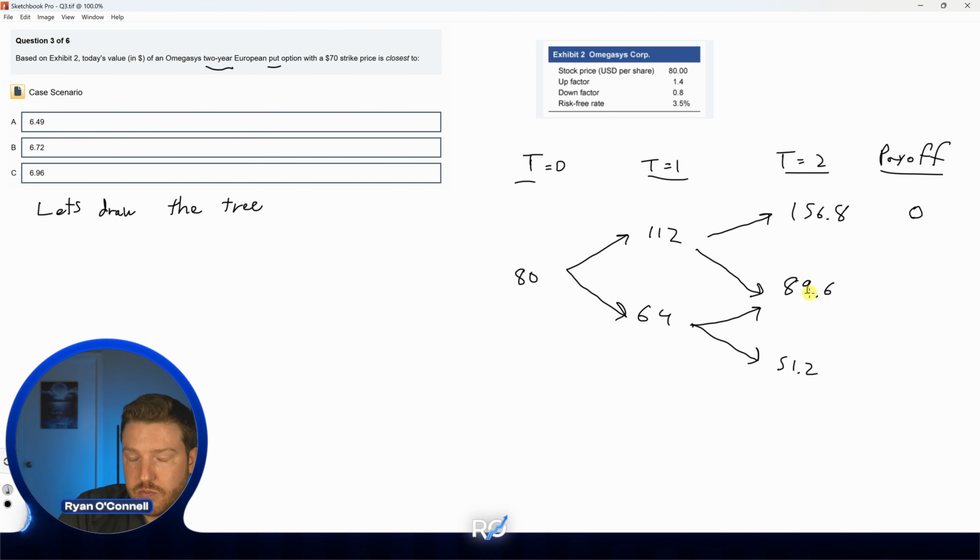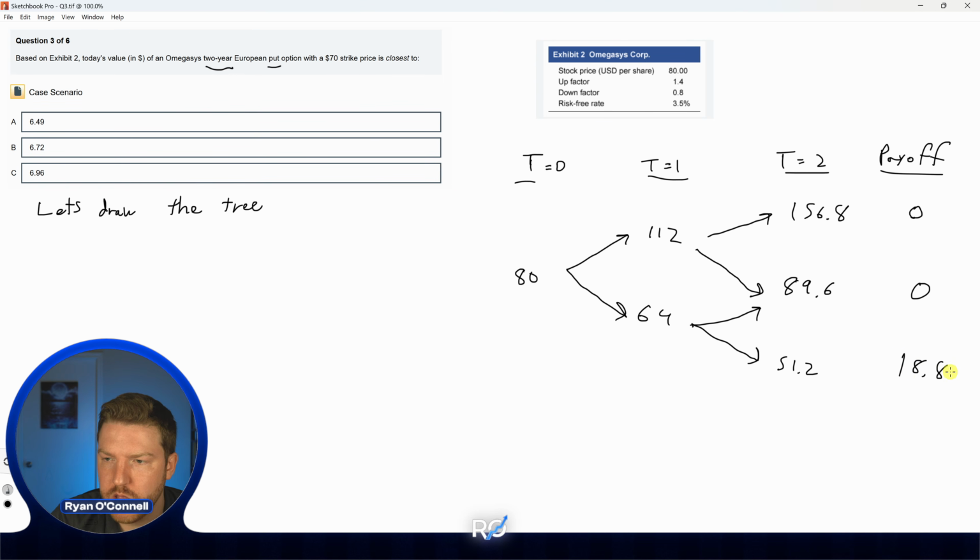Again, if the stock price is above the exercise price, you can't exercise it, so the payoff is 0 for this scenario too. The only scenario that really has any value is if it goes down 2 times in a row, which is going to be a value of 70 minus 51.2, which I think is 18.8.